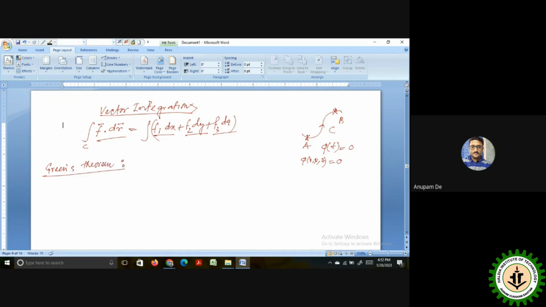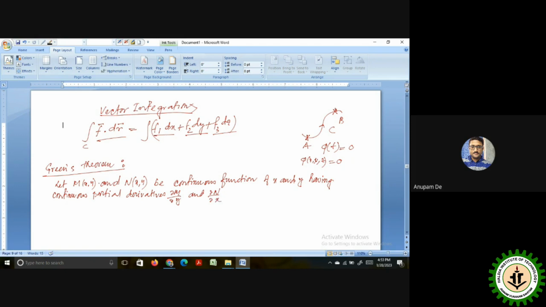The Green's theorem says that let M(x,y) and N(x,y) be two continuous functions of x and y having continuous partial derivatives del M del y and del N del x.